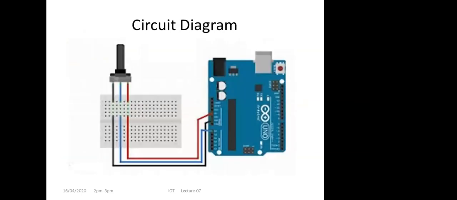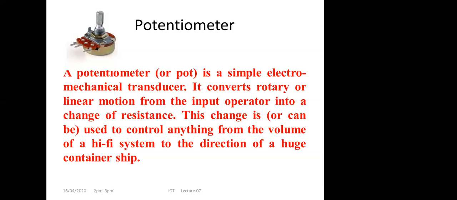Then the circuit diagram. Here we'll have three connections on the potentiometer. I'm not going to make it more complex here, like what a rheostat is or the functionality of those three pins.